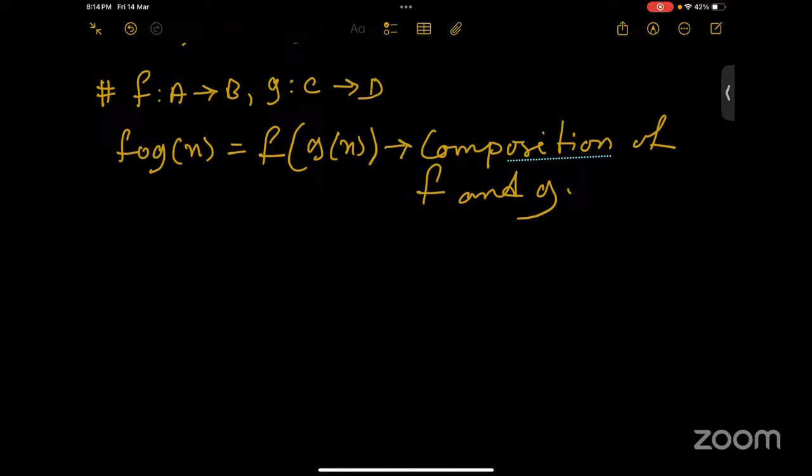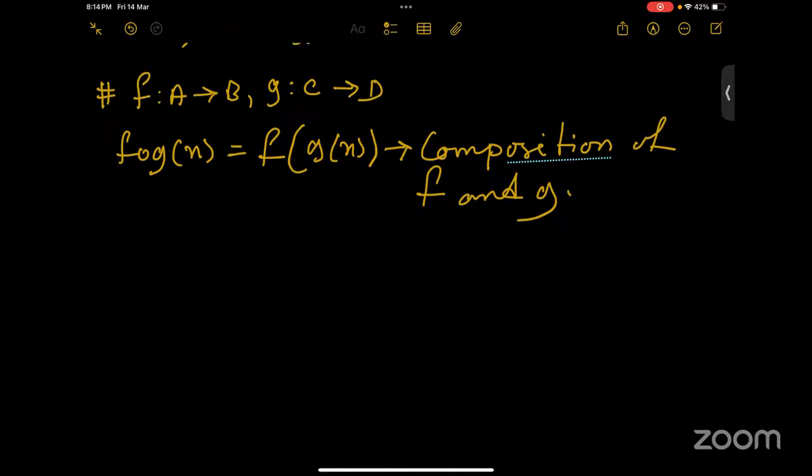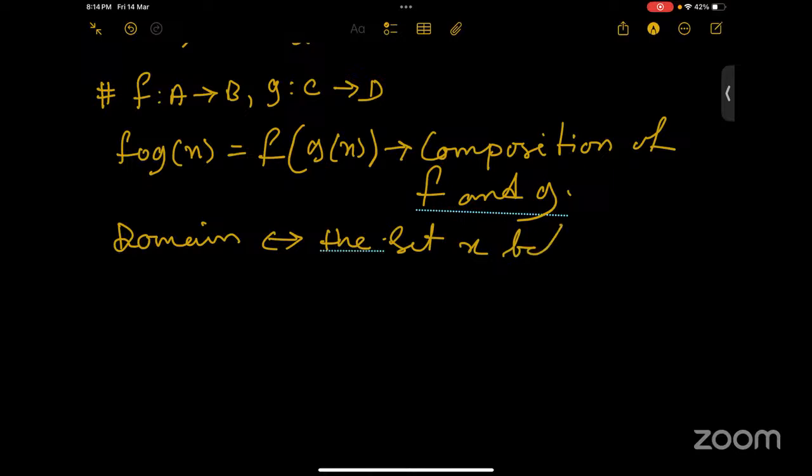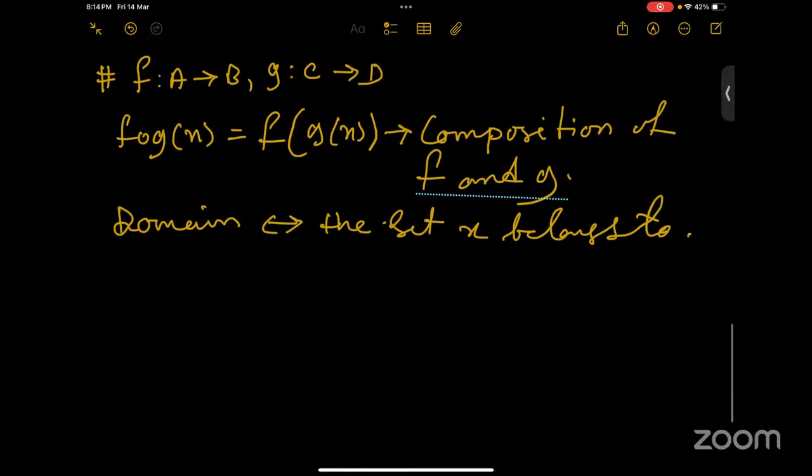So first of all, the domain means the set from where we can take the point x, right? Domain is basically the set x belongs to. Now, first we are applying g over x, and we want that g of x to be defined.